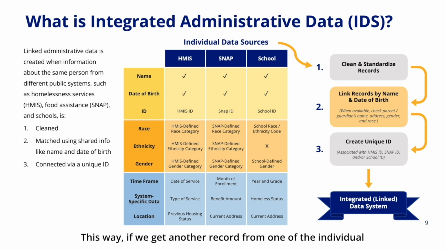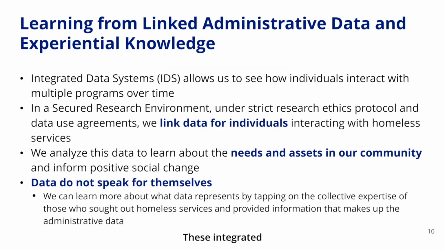This way, if we get another record from one of the individual systems for that person, we can immediately link them to their integrated record in the integrated data system. All this together creates a larger integrated system where we can look across all these smaller systems. These integrated data systems allow us to see how individuals interact with multiple programs over time.